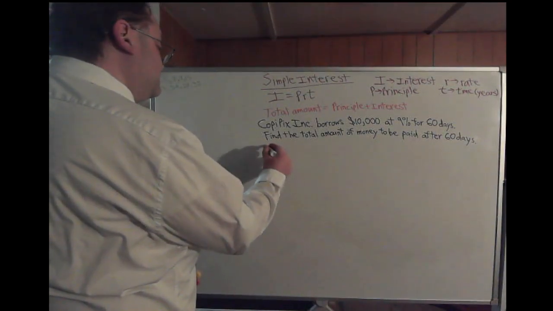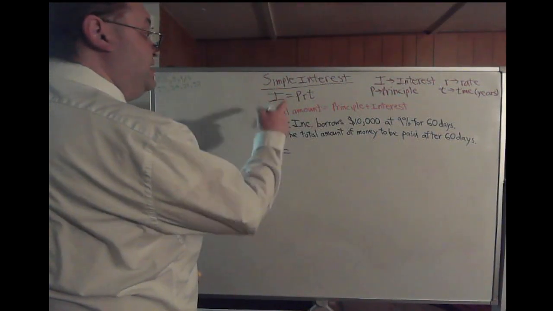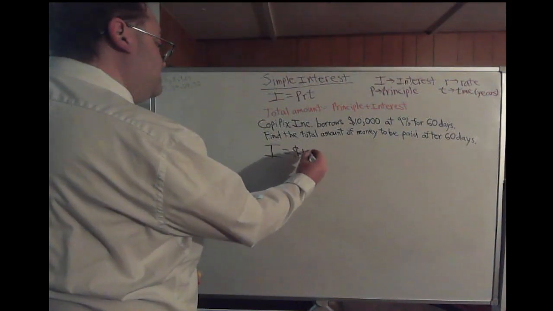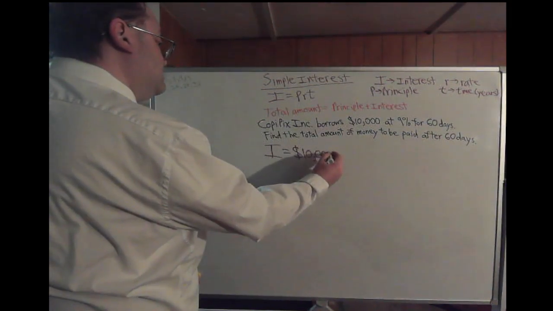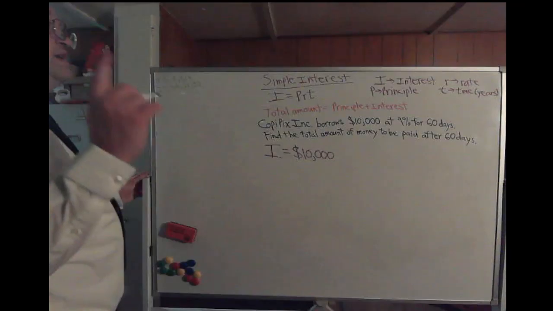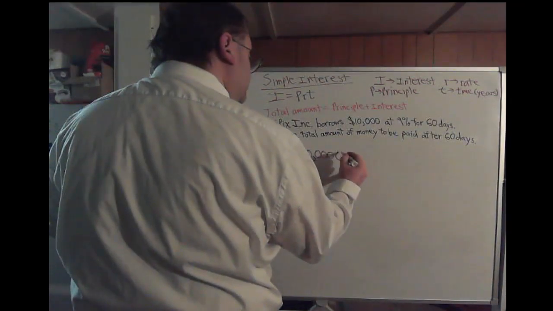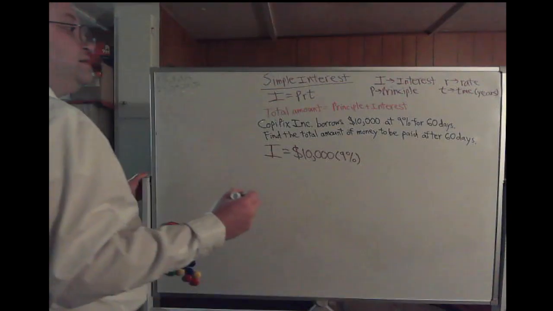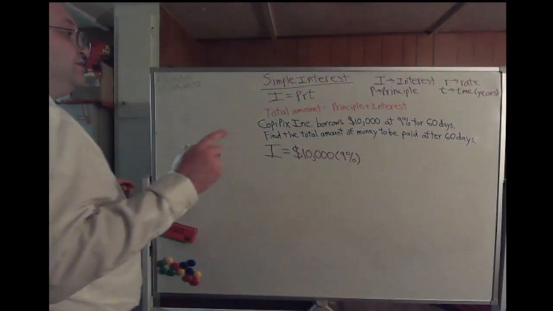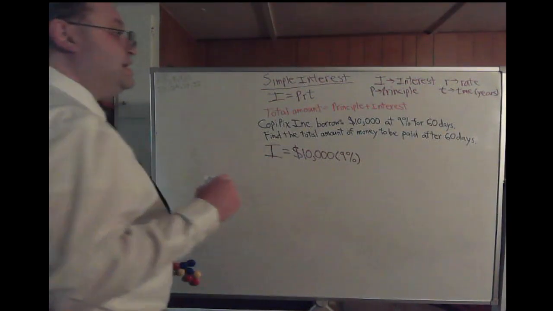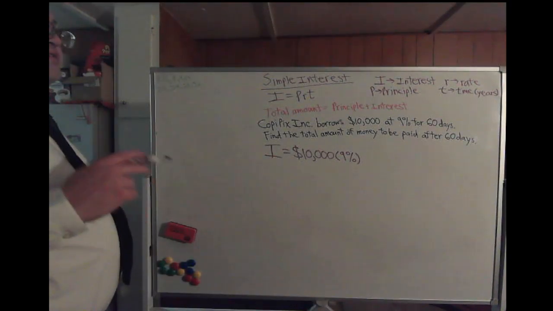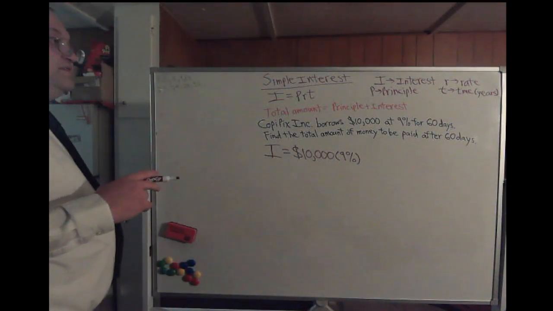The interest is going to be equal to P, the principal. The principal in this case is $10,000. So that's $10,000 times R, the rate, which is 9%, times T, the time in years. Well, if it were a whole year, you'd have 365 out of 365 days.